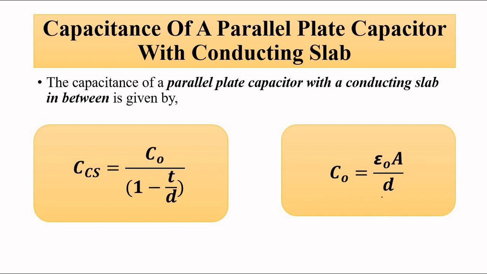And if this arrangement is placed in any medium other than air, this C0 becomes epsilon 0 epsilon R A by d, where epsilon R is the relative permittivity or the dielectric constant. So this is the capacitance of a parallel plate capacitor with a conducting slab in between.